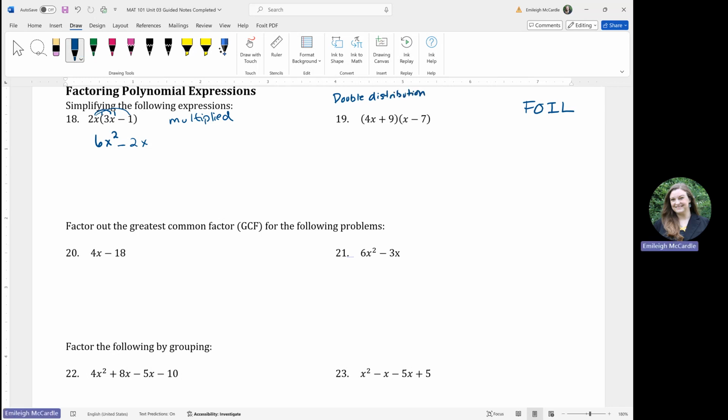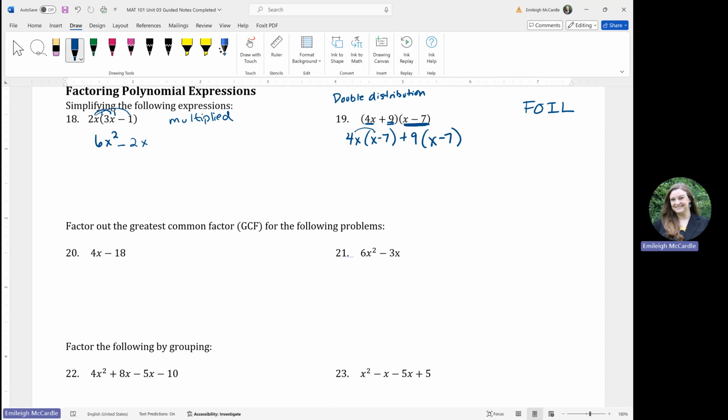What does that mean? Well, our first setup is to take that 4x and multiply by the second parentheses. Then we're going to take the second term in that first group, plus 9, and multiply by that second parentheses, again, x minus 7. Okay, so I duplicated that x minus 7 2 times. Now we've got two distributive property problems that we can do.